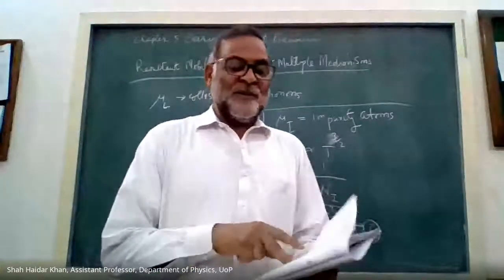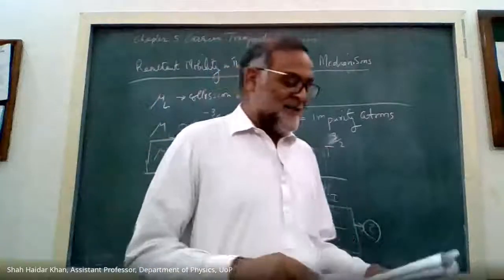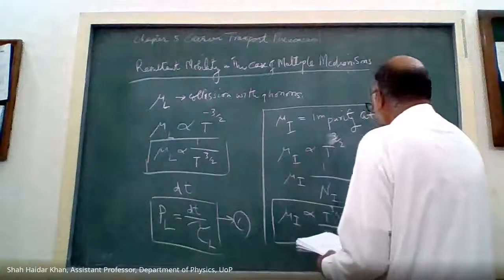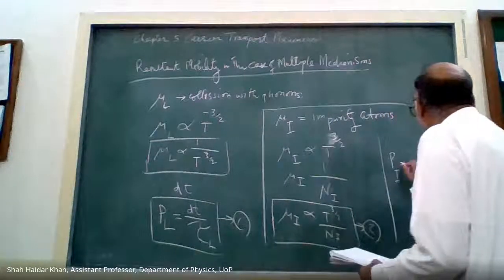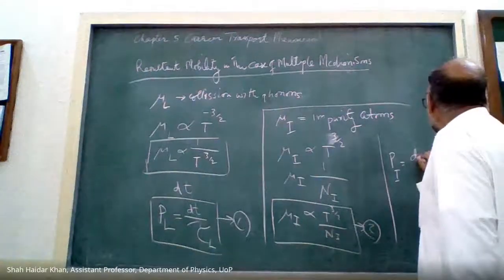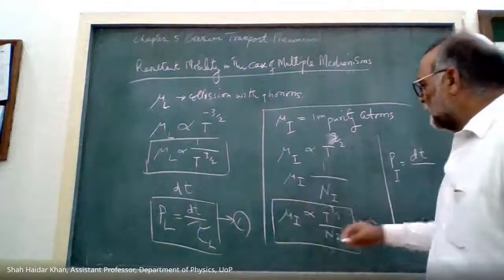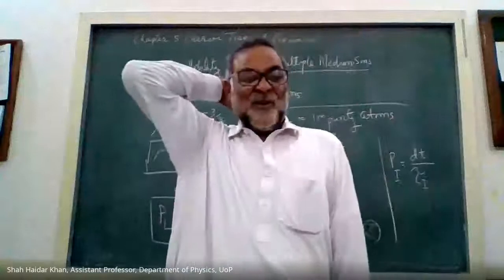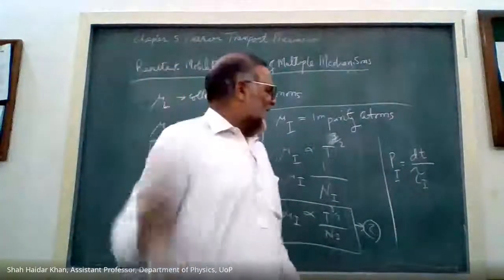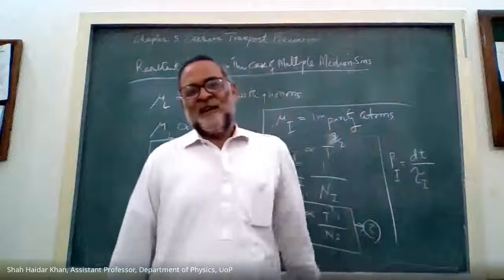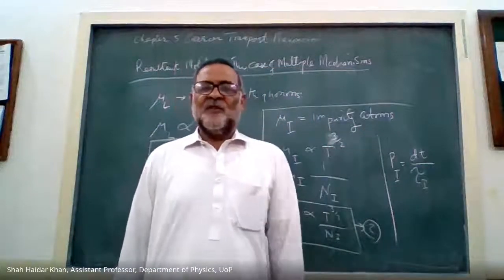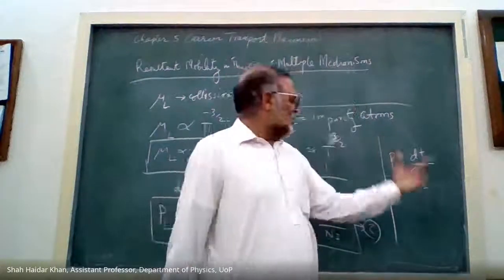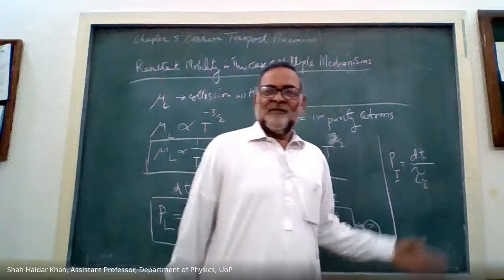So the probability of collision here, we will say Pi, will be dt divided by tau I, where tau I is the mean collision time when there are impurities. This small time dt you give me, tell me how many collisions will happen in this time. That is the favorable event and the total event.